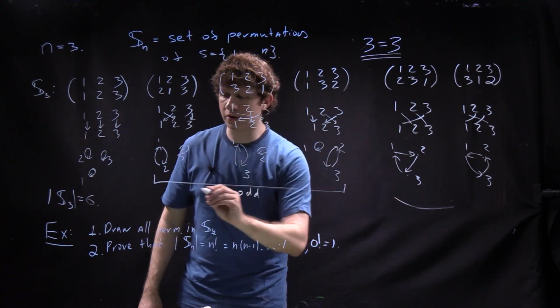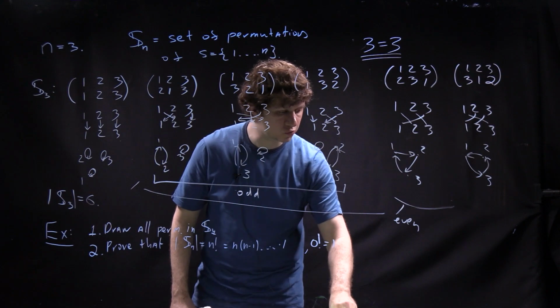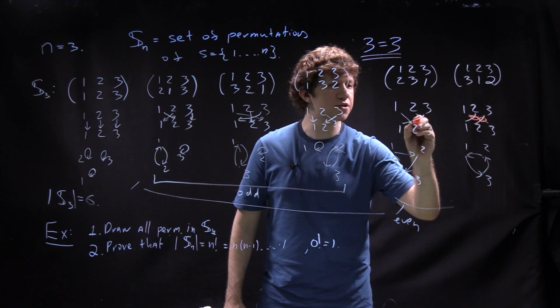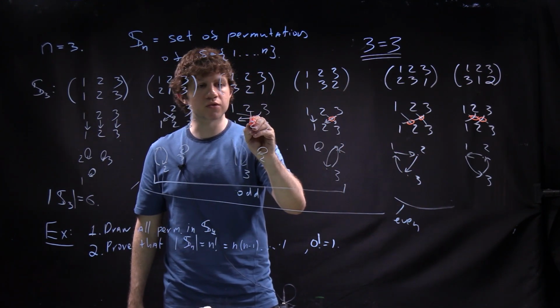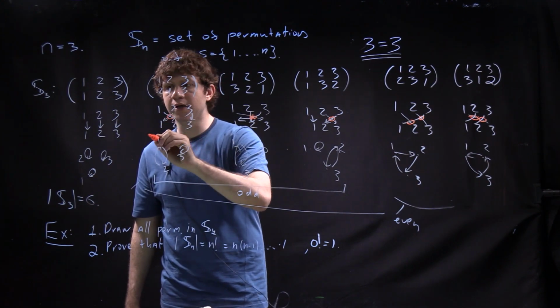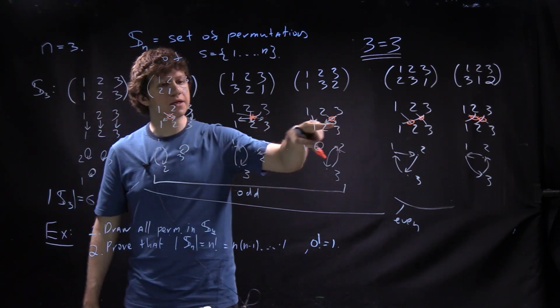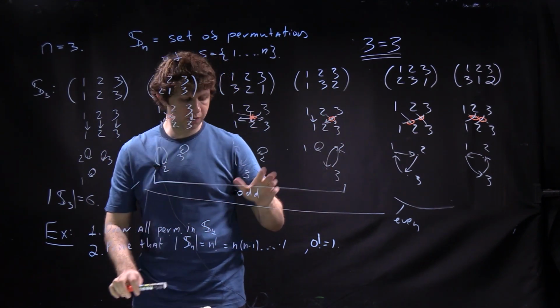We'll talk later about what that means, but it has to do with the number of crossings here. So here the number of crossings is 2, here it is 1, here it's 3, here it's 1, and here it's 0. And so here it's even and here it's odd, so all permutations can be divided into two classes. But that will appear later.